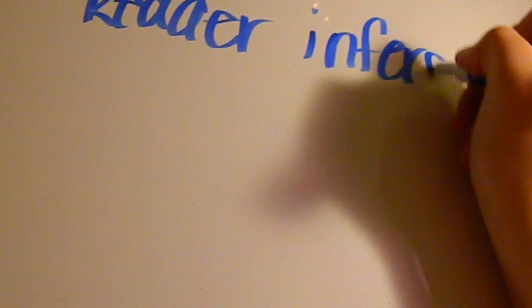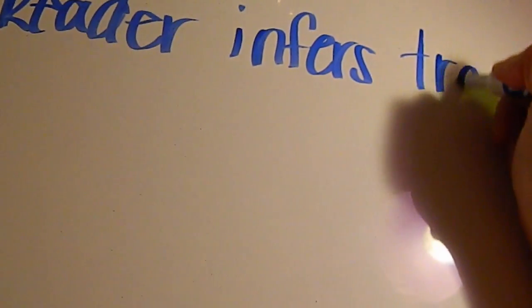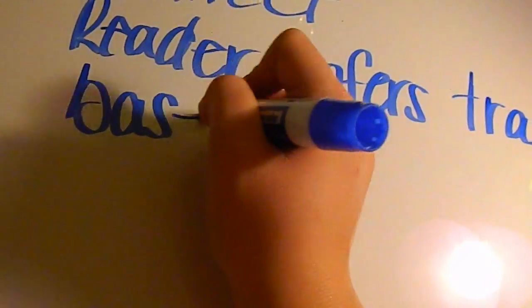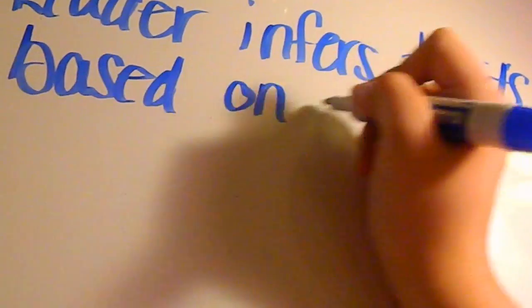Now, indirect is a little different. Indirect is when the reader infers traits based on clues.